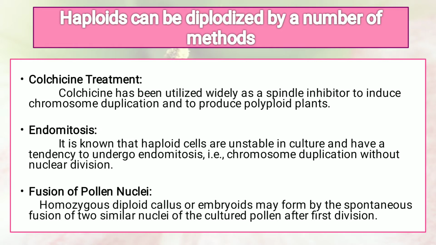Colchicine has been utilized widely as a spindle inhibitor to induce chromosome duplication and to produce polyploidy. This method has been employed for obtaining homozygous diploid plants from haploid cultures.